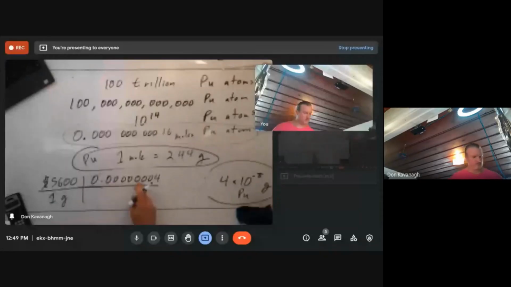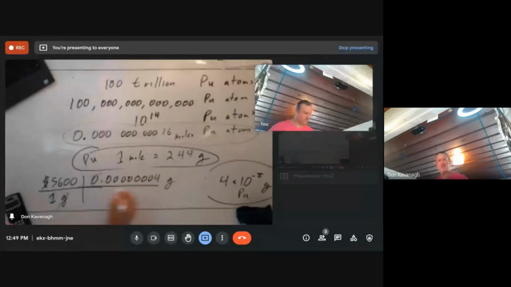Grams of plutonium. Now, when we calculate this out, grams will cancel out. We'll be left with dollars, a very, very tiny dollar amount.